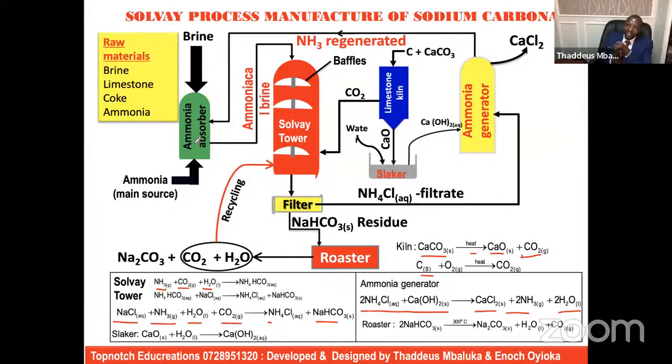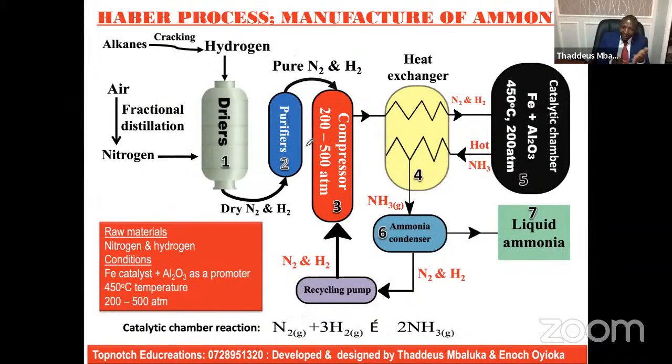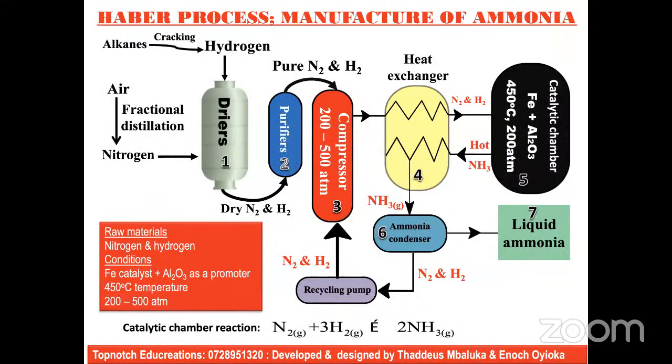We also remove arsenic oxide. So the dust particles, arsenic oxide and carbon dioxide are removed in the purifier. So why do we need to purify the gases? To prevent them from contaminating the catalyst.